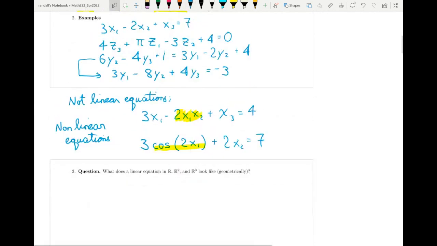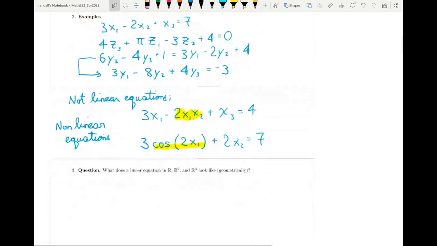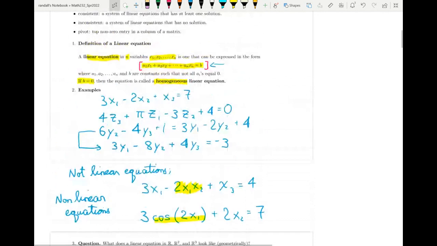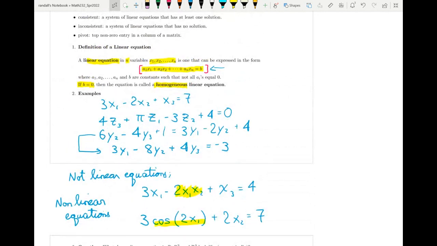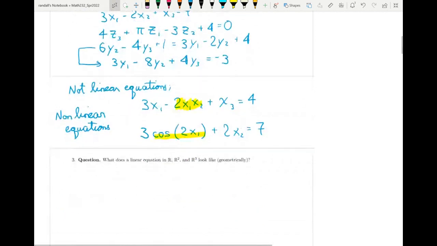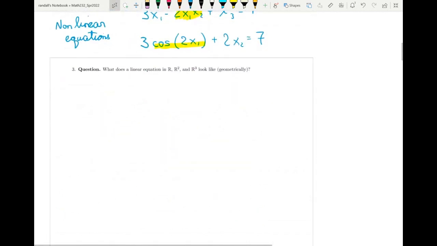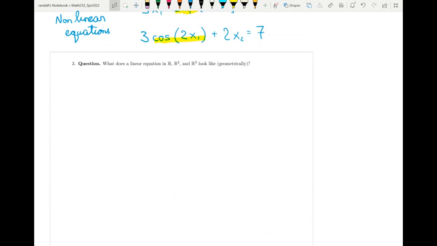But what makes it difficult for us is that there could be many variables in them, and also we're going to be talking about solving systems of equations, which we'll get into a little bit later on. So they're actually quite a complex problem to deal with. All right, so what do they look like geometrically?